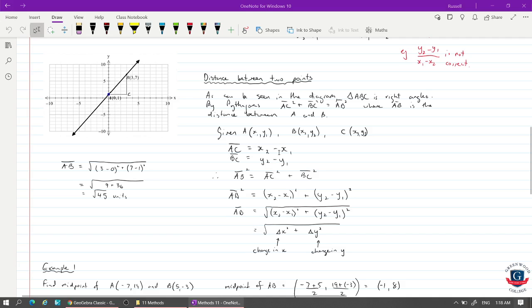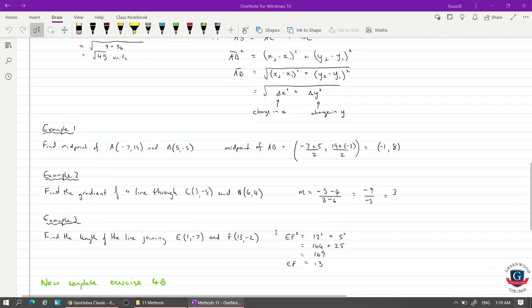So in this case, AC will be x2 take x1, BC will be y2 take y1, and if we square those, we get x2 take x1 squared plus y2 take y1 squared is equal to AB squared, the distance that we're looking for. To find AB rather than AB squared, take the square root, so AB is equal to the square root of the change in x squared plus the change in y squared.